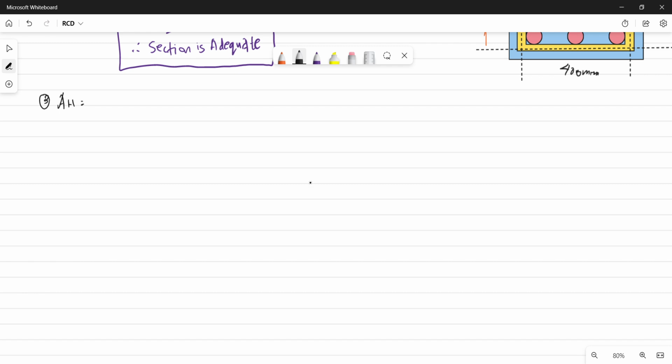Your AH is equal to your 2 times AO over S plus AV over S. This is for torsion. This is for shear. Okay? Let's compute your AO.